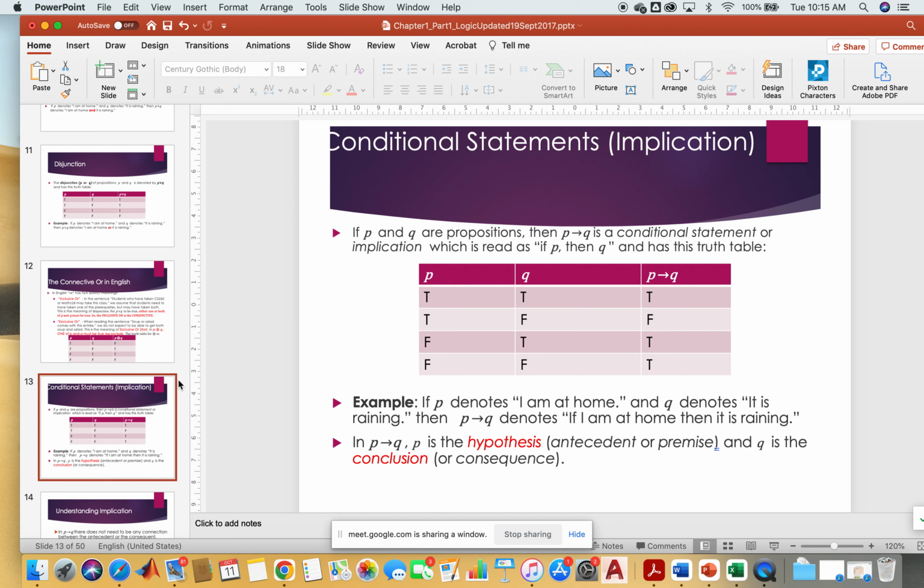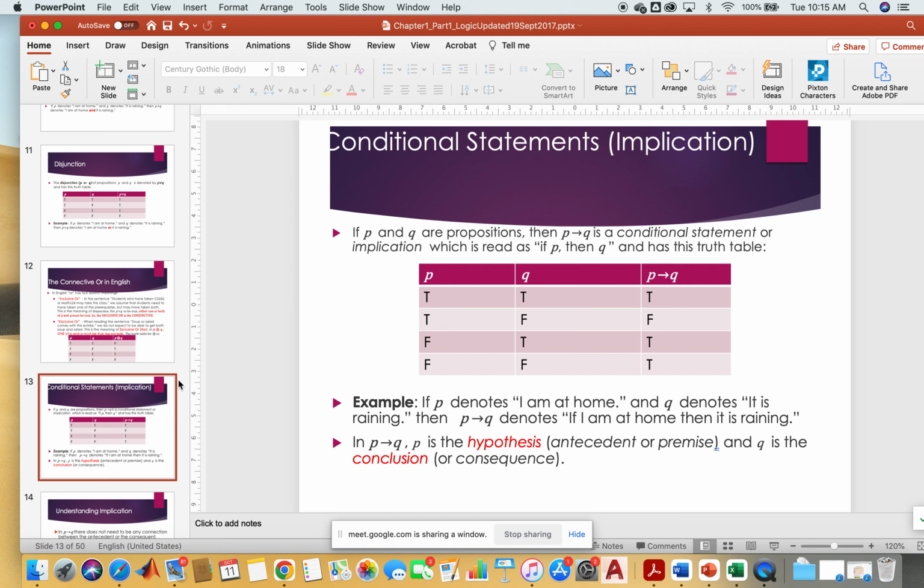Did you notice why here is false? Because of this statement. P if and only if Q is true when if P then Q and if Q then P are true. This one true, this one true, then only if and only if P Q is true.